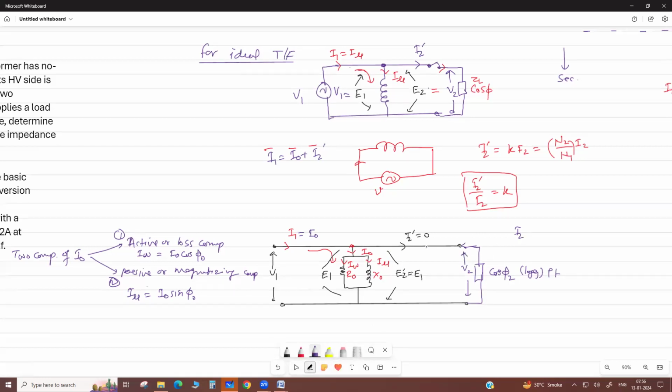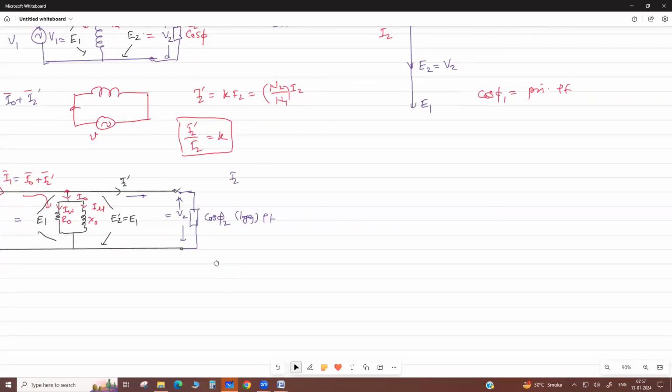Here there is no drop in the secondary and primary, so V1 equals E1 and E2 equals V2. But the current is now not zero; there is a load current. Then what is the vector sum of I naught plus I2 dash? Clear?